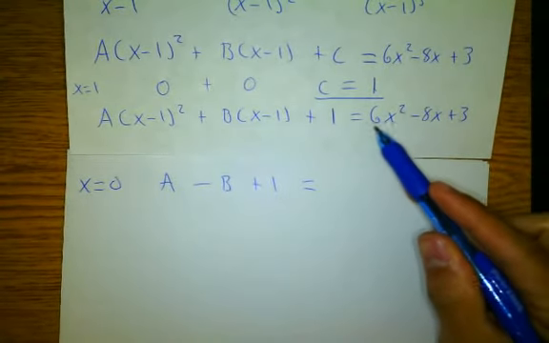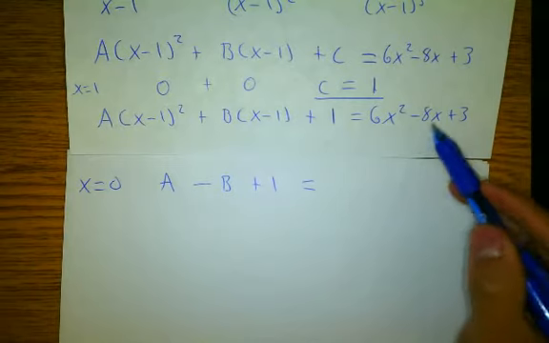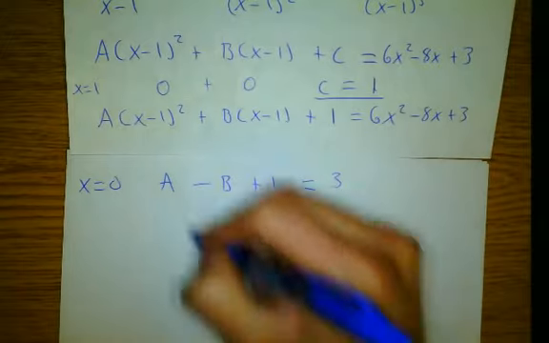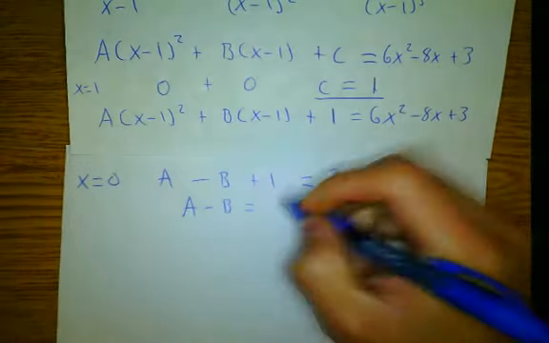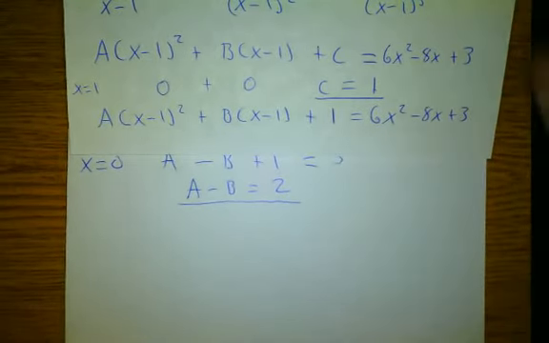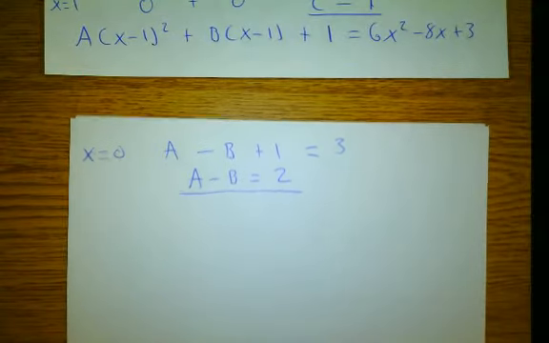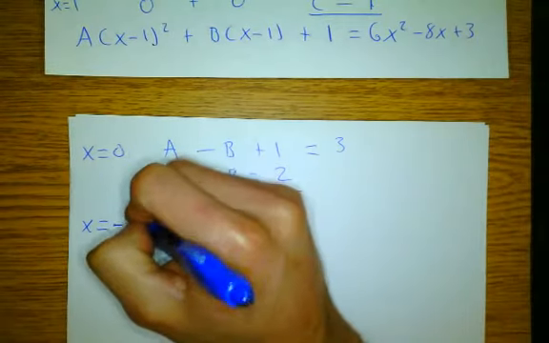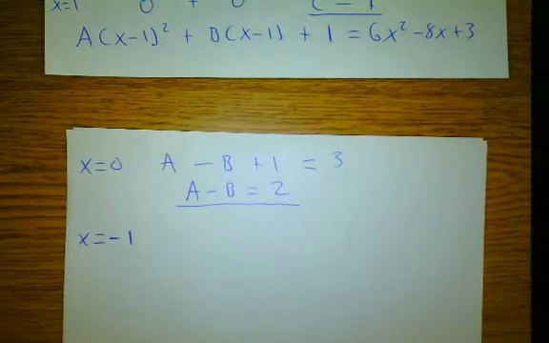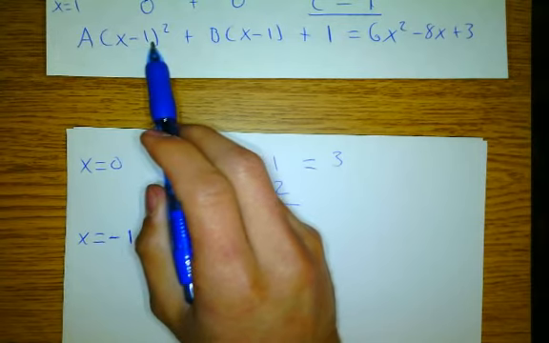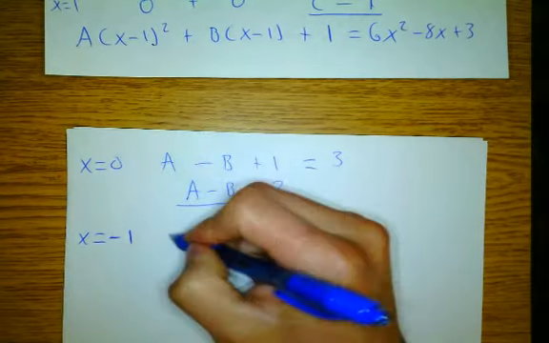Now what am I going to have to do? Find another one. This would be a great bonus question. What would be a good x value to try? Negative 1. Alright. Negative 1 minus 1 is negative 2. Negative 2 squared is 4, and 4 times A is 4A. Negative 1 minus 1 is negative 2, times B is negative 2B, plus 1 equals, alright, negative 1 squared is 1, times 6 is 6.